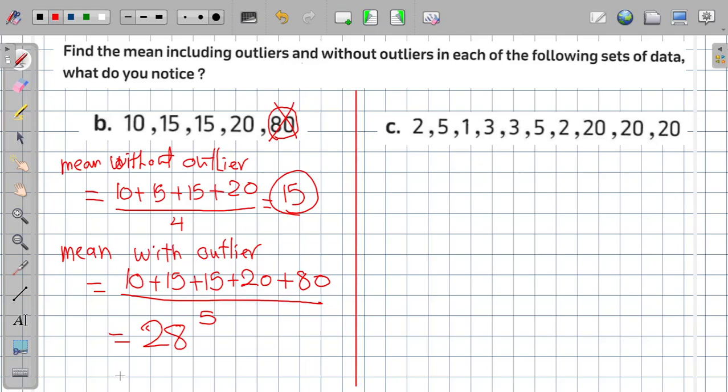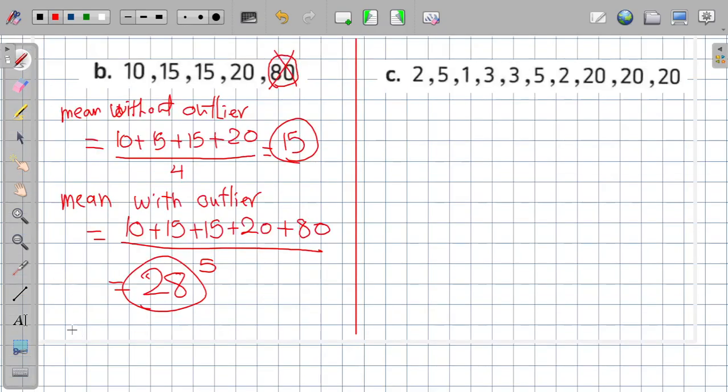Do you notice the difference between the two numbers? I have the mean without the outlier equals 15, and the mean including the outlier is 28. So the difference is very big, and the mean is now bigger with the outlier. So I can say the outlier here increases the mean.